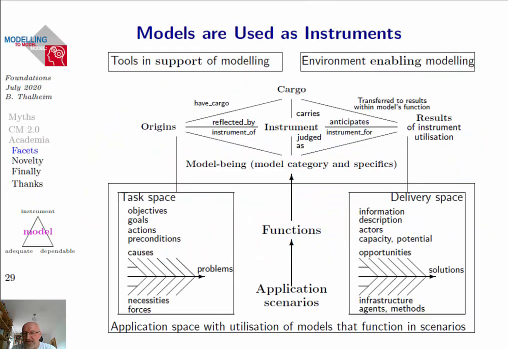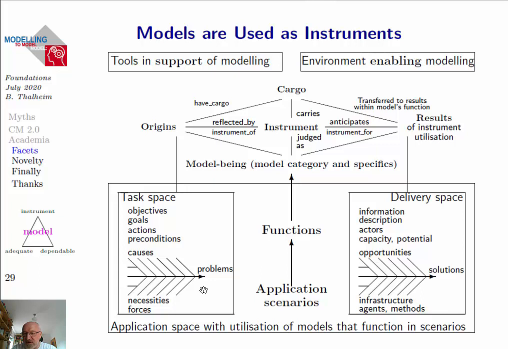Okay, we can use the frame that we have been already discussing. We have a certain application scenario, and something should have a role, a function in that scenario that will be called model. So in this case, our application space has also a task space with a number of objectives, goals, actions, a number of preconditions, and we have also something like this Ishikawa diagram for the causes and the necessities for the problems we have been observing so far.